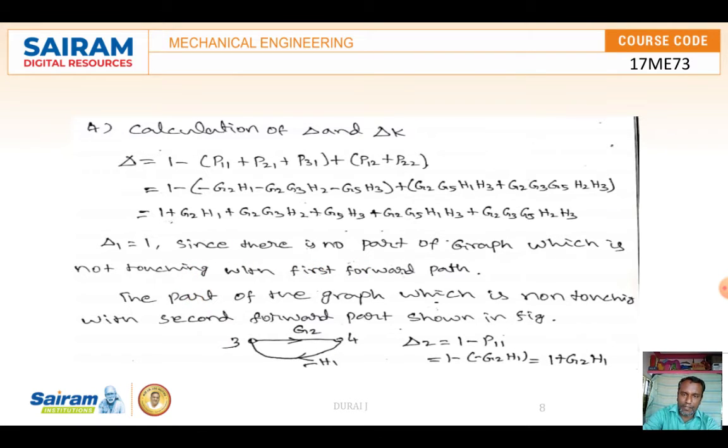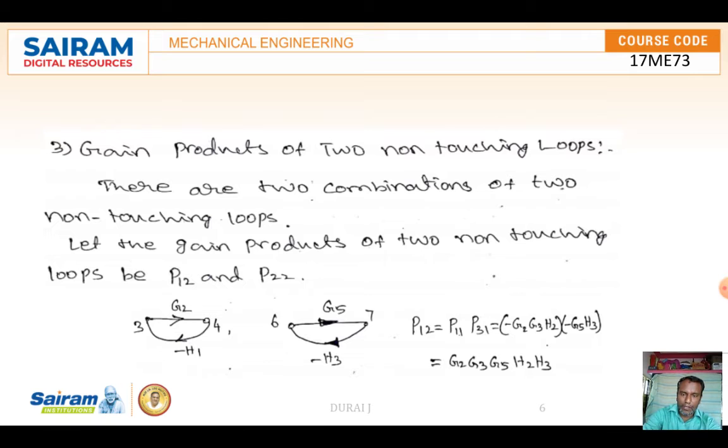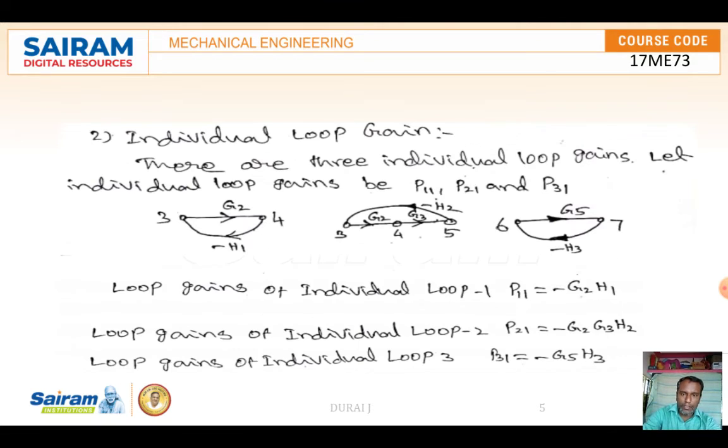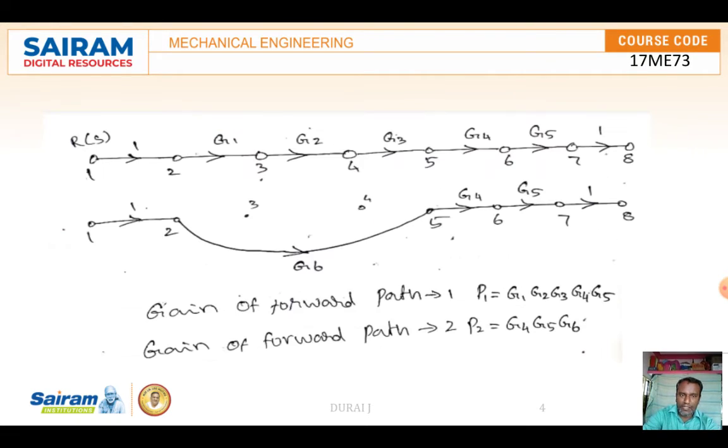If we take the second forward path, here which loop is not touching? 3 4 5, here 5 is the common node, and 6 7 is the common node, because the 3 4 5 loop, it will be touching over here, 6 and 7 is touching over here.